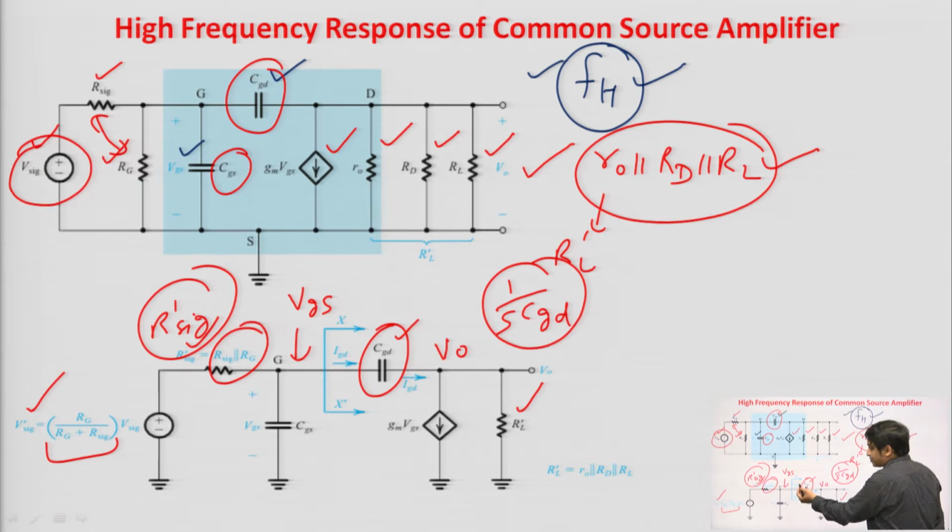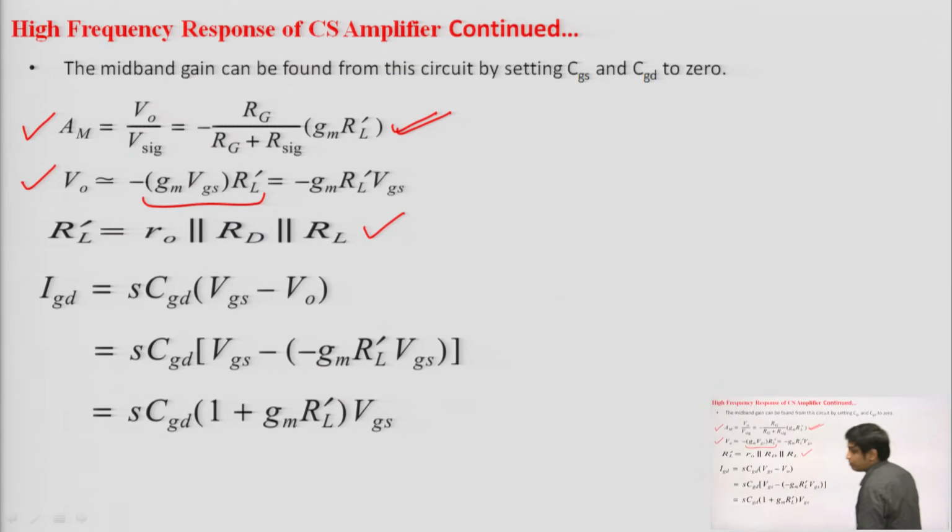So, we can write the expression for IGD, the current flowing through the capacitor, as the voltage difference across this capacitor upon the impedance of the capacitor, and remember that the impedance of the capacitor is 1 by SC. Here the C is CGD, gate to drain, fine. By doing this we get the value of IGD, that is S CGD into VGS minus V naught.